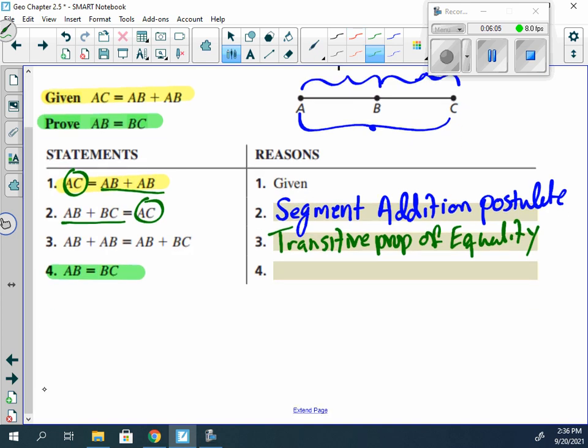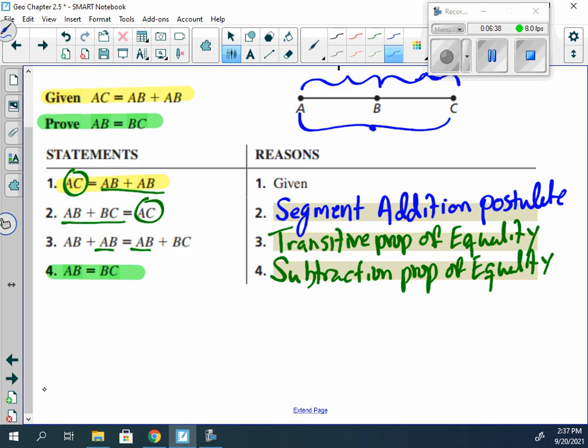Now, what do both statements have in common? Well, AB, yes? And that's just a measure. It's just the length AB. It's just a specific number, yes? So we can do what to get rid of it from both sides? We can not divide, but subtract. Because we can use the subtraction property of equality.